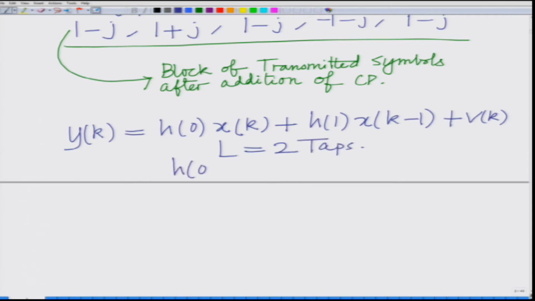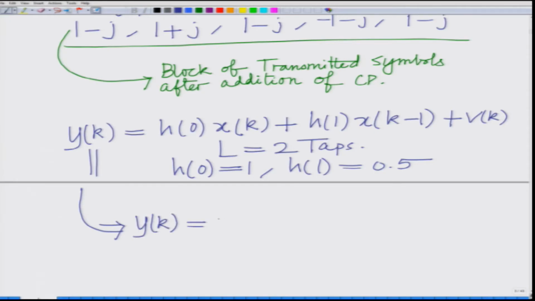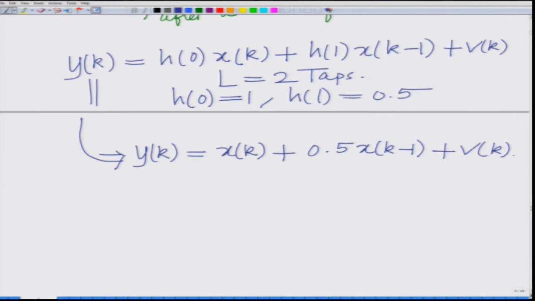For the purpose of this example, let us set H0 equal to 1, H1 equal to 0.5, which implies Yk equals xk plus 0.5 times xk minus 1 plus Vk. This is your 2 tap ISI channel.